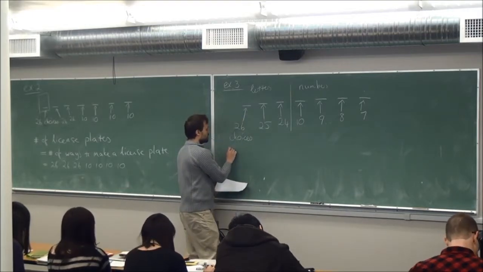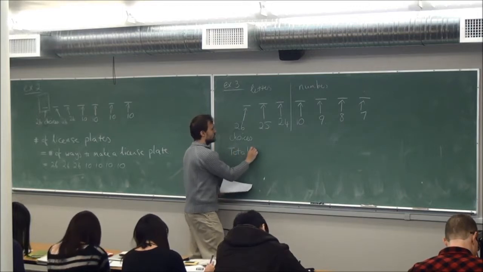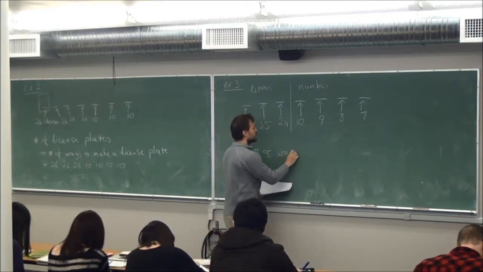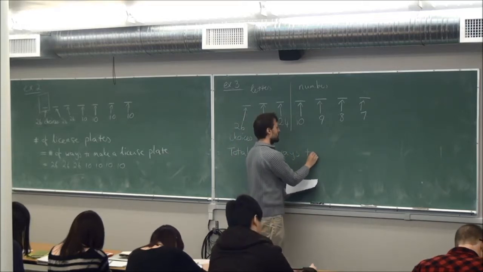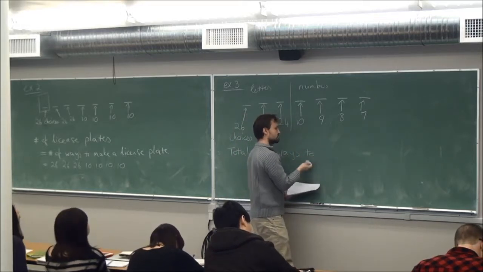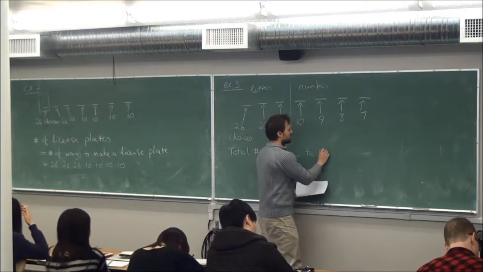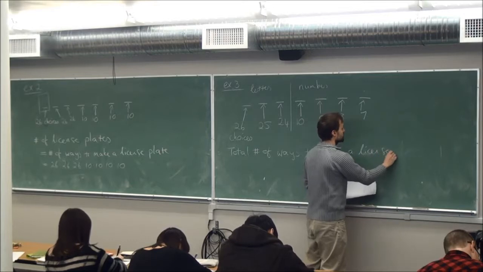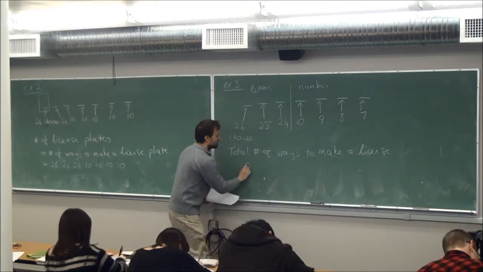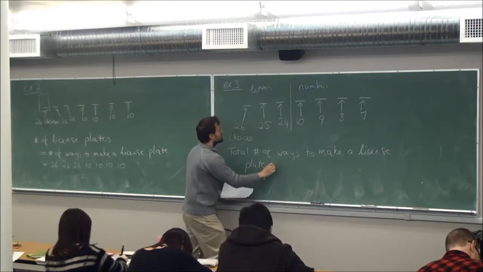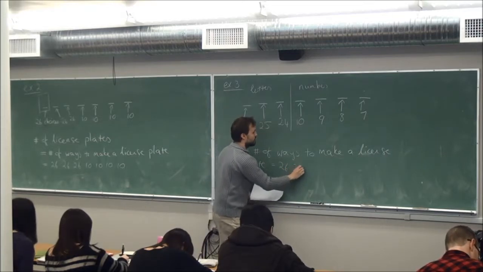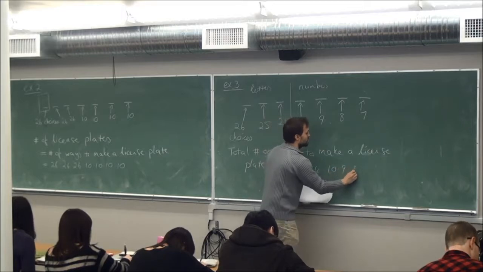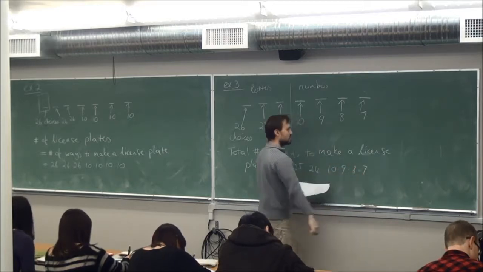So the total number of ways to make a license plate, I'll write it out because we're still starting with this, is 26 times 25 times 24 times 10 times 9 times 8 times 7.